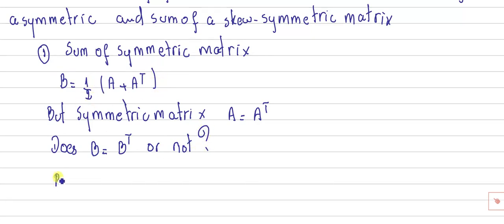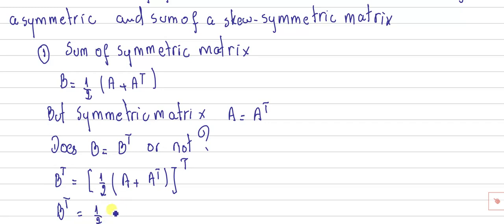So B transpose is equal to 1 over 2 (A plus A transpose) transpose.